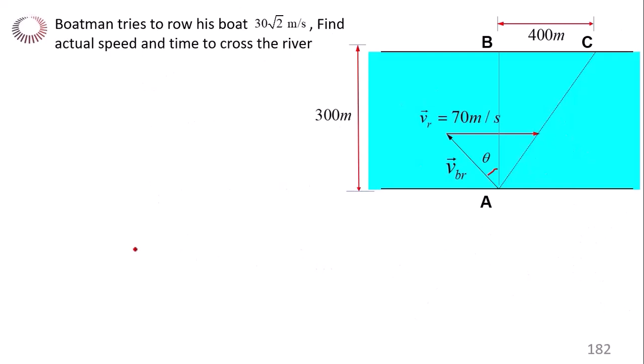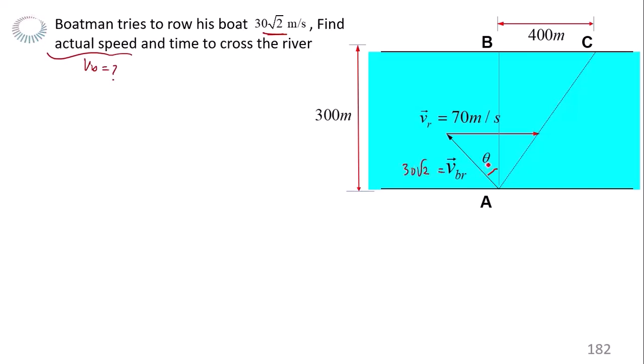A variety of problem. Okay, so the boatman tries to row his boat at 30√2 meters per second. That means this number is basically the VBR number. Find the actual speed, that means VB, and the time to cross the river T. Everything is given. VBR is given, that is 30√2.